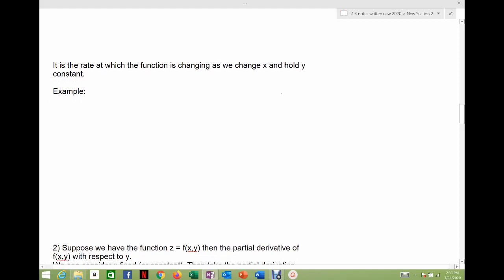Alright, let's do a simple example. I want to find the rate at which the function is changing when we change x, and we're holding y constant, therefore it behaves just like a constant. The function we're going to look at, just to start with a simple function, is 3x squared minus 5xy plus 4y squared.